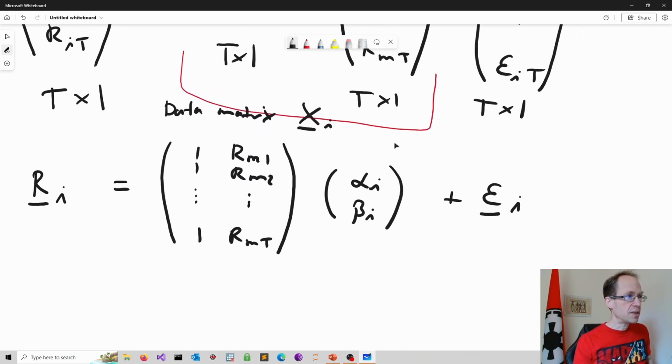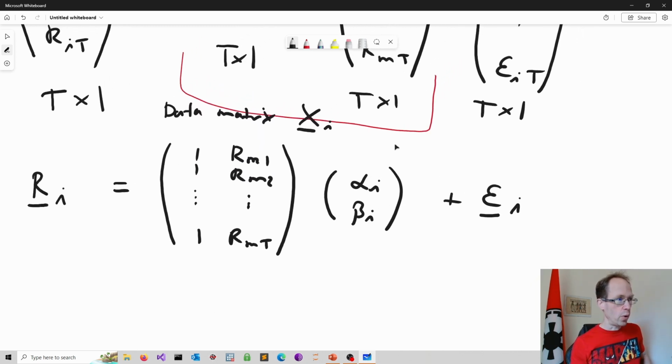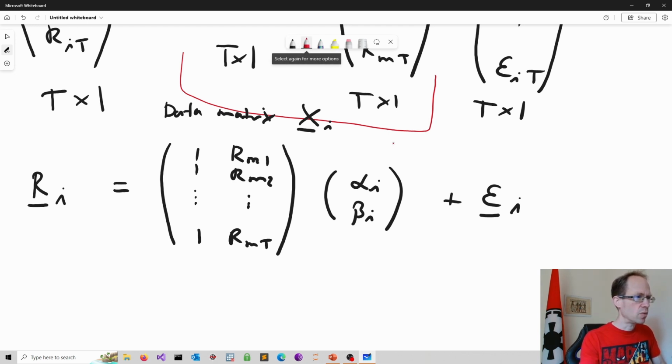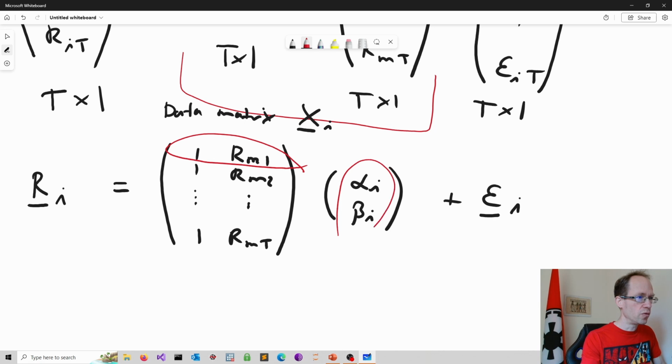Now, matrix multiplication works based on the first row, first column principle, and then it continues. So what you do is you multiply the first row and the first column, and then you move to the next one. And this gives you again the same structure. It will be a T times 1 structure. So you would obtain alpha i plus beta i times Rm1.